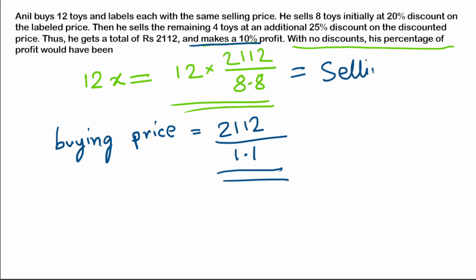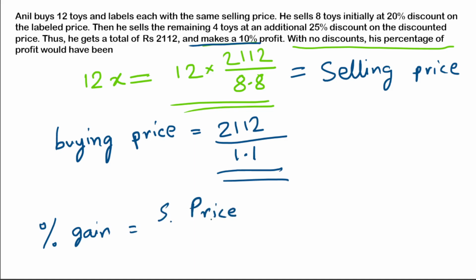In the scenario that he has no discount, this is the selling price, right? So his percentage gain, how much would it have been? It is simply selling price by buying price minus 1, right?